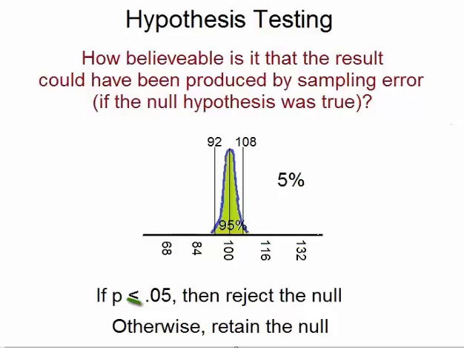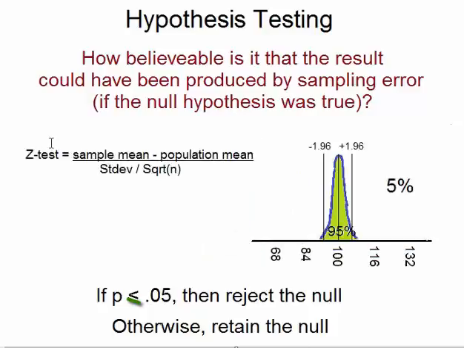So in a nutshell, if the probability that your result could have been the outcome of sampling error is greater than 5%, we retain the null hypothesis. That means that if the sample mean falls anywhere within this shaded interior region, then we retain the null. However, if the probability is less than or equal to 0.05, then we reject the null hypothesis.